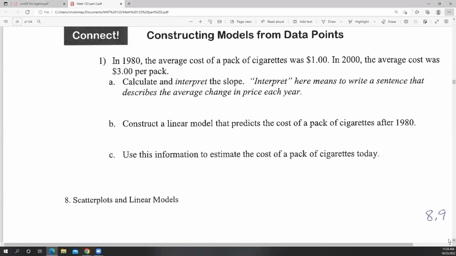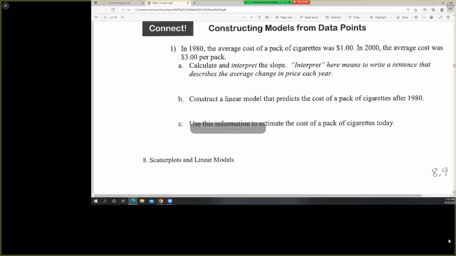Slope, we're trying to find how much is it changing per year in this case. So we have to subtract the dollar amount and find out how many years in the bottom. So with slope, you're still subtracting Y's and X's, just like when you did slopes before.